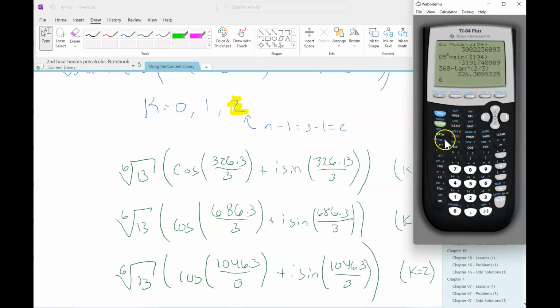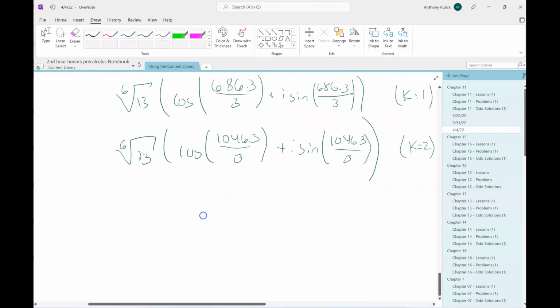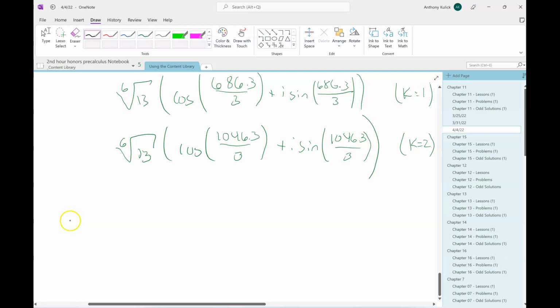You could do 6 and then press the math button, go down to the command 5 that's like the xth root. So you do 6 root of 13 like that. Or you could do 13 to the 1/6 power. Either way is fine. Everybody's okay doing that? Hopefully ringing some bells. Okay, so that's no big deal, Mr. Kulik.